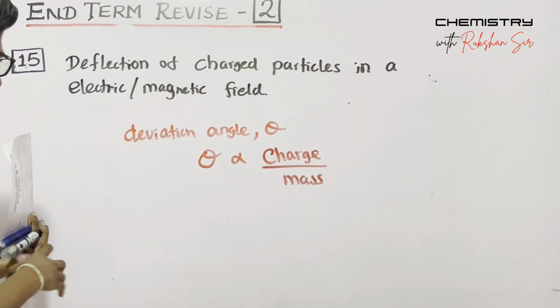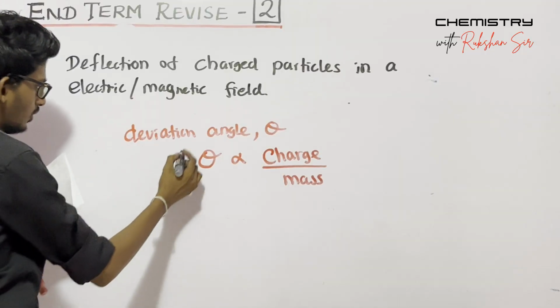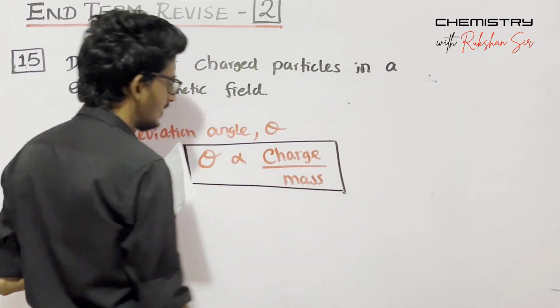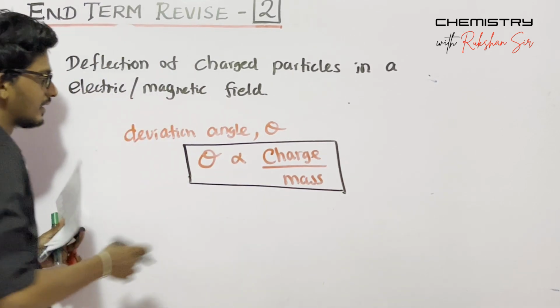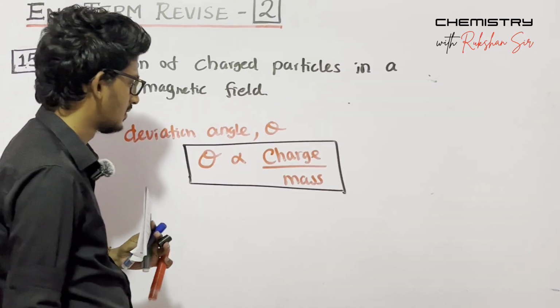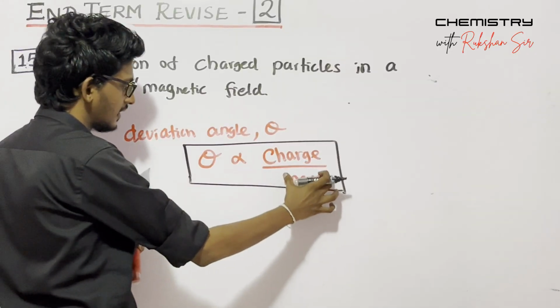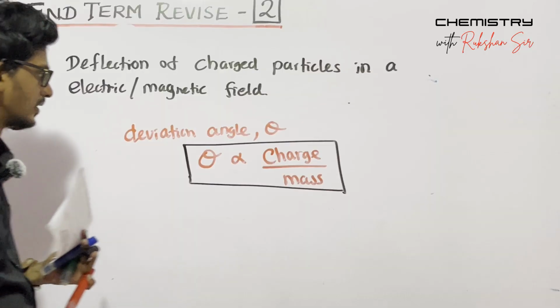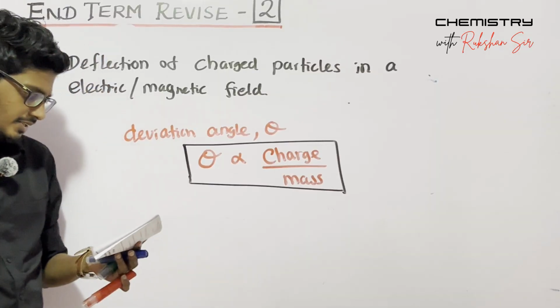Deviation angle theta is proportional to charge over mass ratio. When the charge is high, you can see a greater deviation than an uncharged particle. When the mass is high, the deviation is less. So we can apply this theory to come up with the answer.